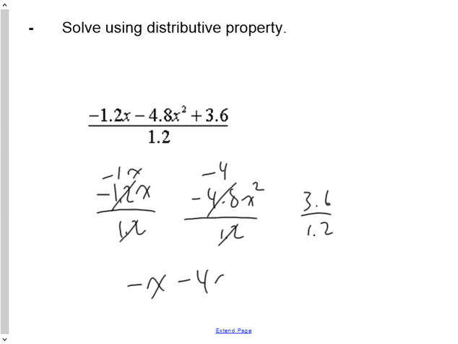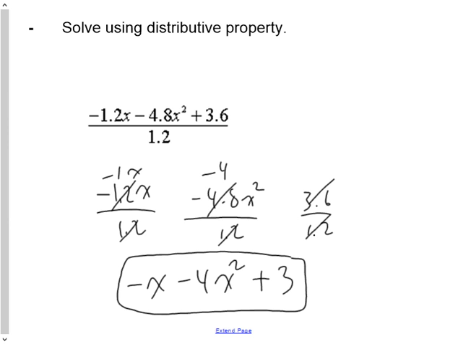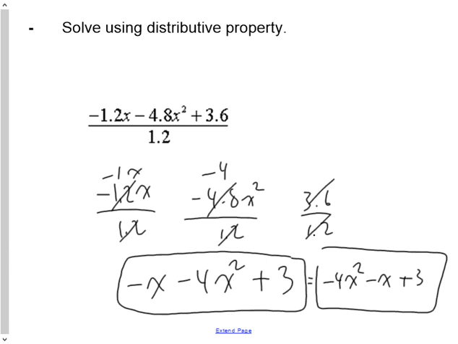This will be a negative 4x squared. And this is going to be a plus 3. So your solution, without rearranging terms in descending degree of value, is negative x minus 4x squared plus 3. Or if you rearrange them, you could also say this is your solution.